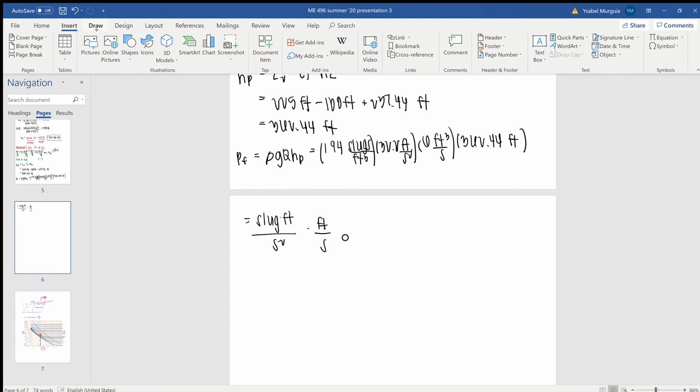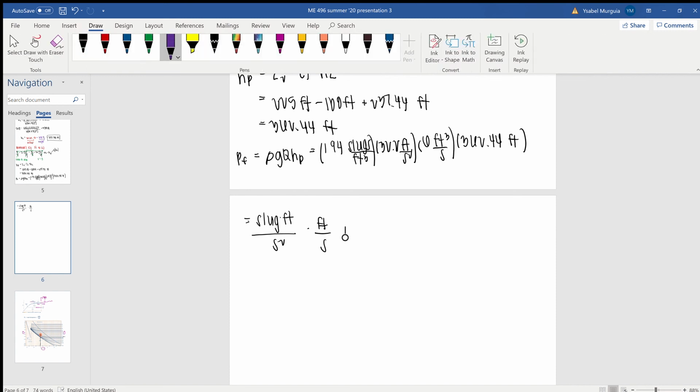This slug foot per second squared is actually a pound. So we get pound times foot per second, which is foot-pound per second, which is a unit of power in the English system. So that proves that.